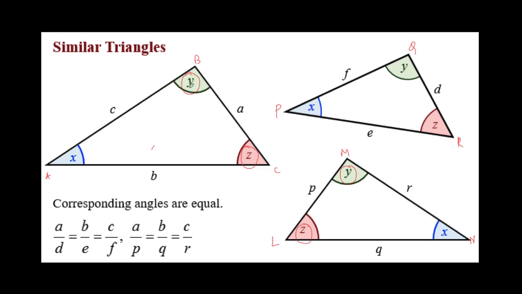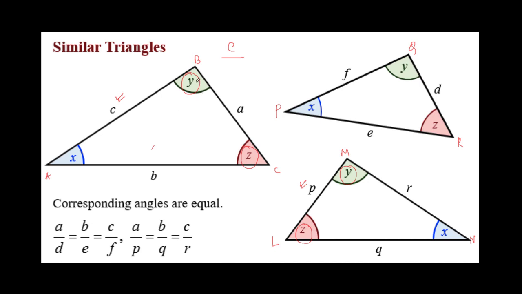Okay, now let's relate the sides. The side that includes angles X and Y is C. Now which side includes angles X and Y over here? If you go by orientation, you would say C is related to P, but this is not correct, because we are supposed to check the corresponding sides.